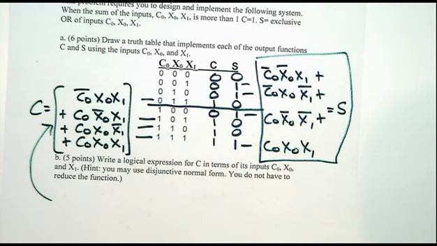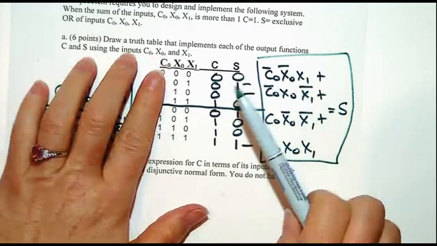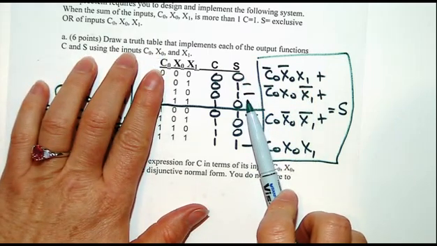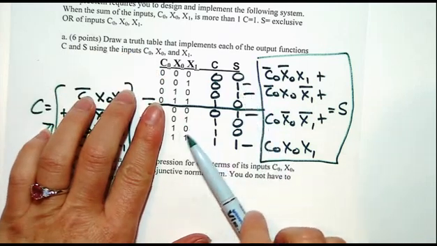Okay, I heard explain the S column, but I didn't hear the last part of your question. Oh, well, because the sum bit is the exclusive OR, so I can do exclusive OR with the first 2, and C0 is 0 in this first column, so this is actually the exclusive OR of X0 and X1 in the first 4 rows. Do you see that? In the last 4 rows, it still actually has the same table.